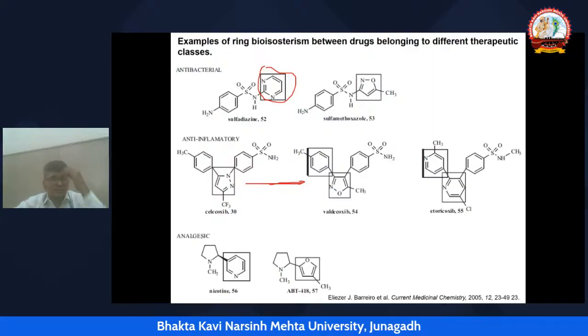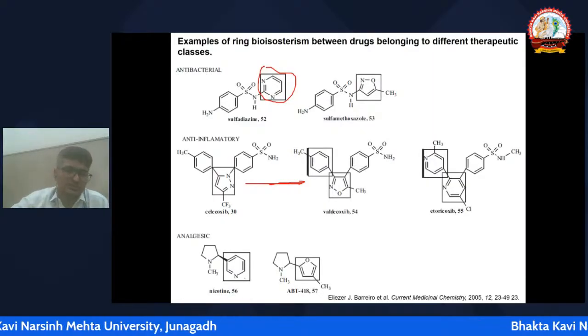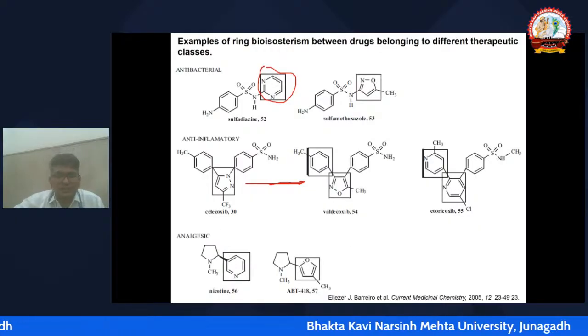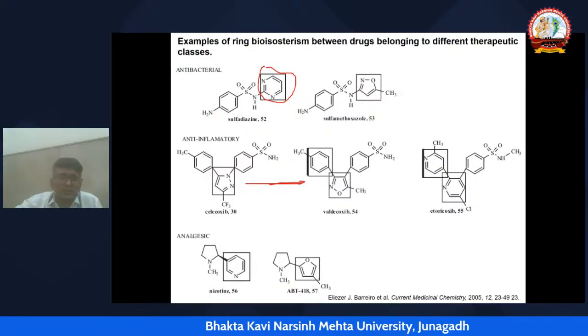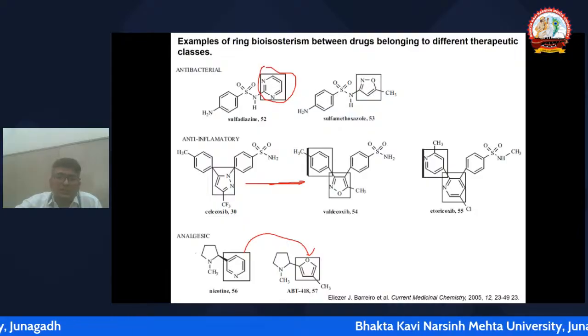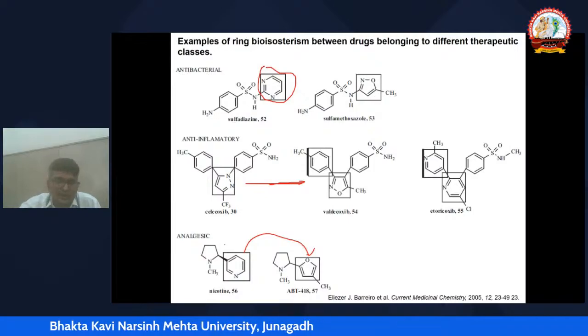Now, the third category is analgesic. We can say this is nicotine, one of the alkaloids. Now, in the second molecule, we have replaced this pyridine with a furan ring system. By altering this pyridine ring to the furan ring system, the biological activity remains the same.